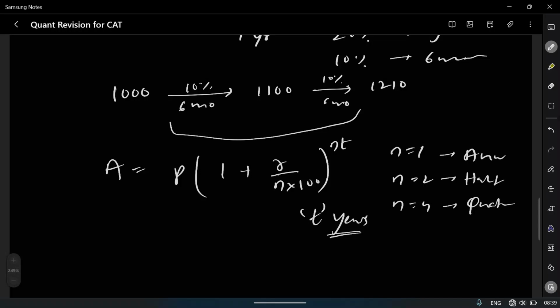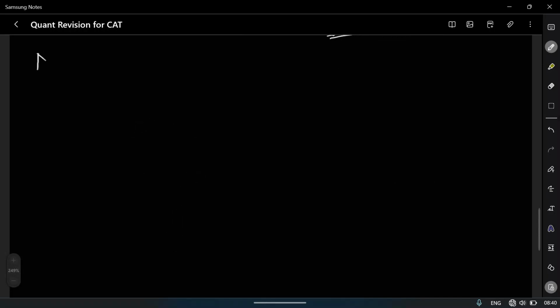Okay. So instead of remembering this, you can do it in this way. Remember this note point.